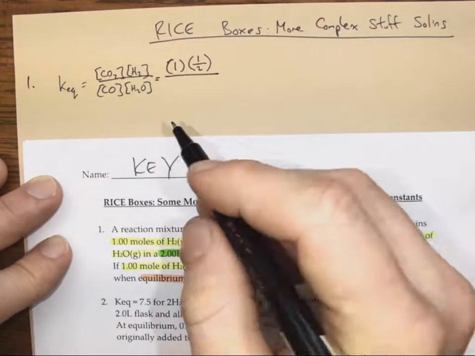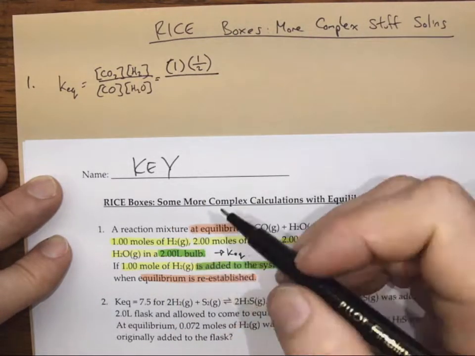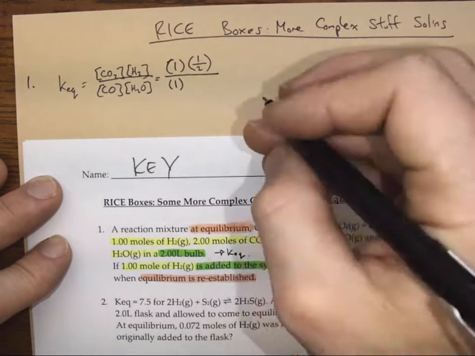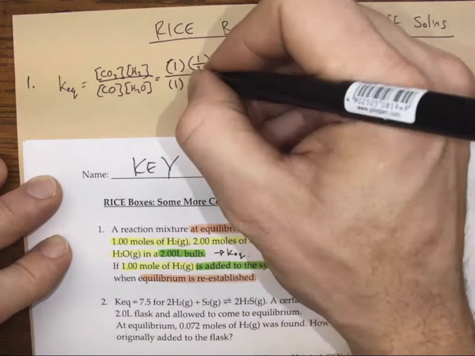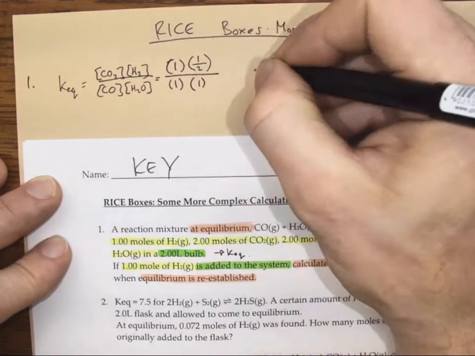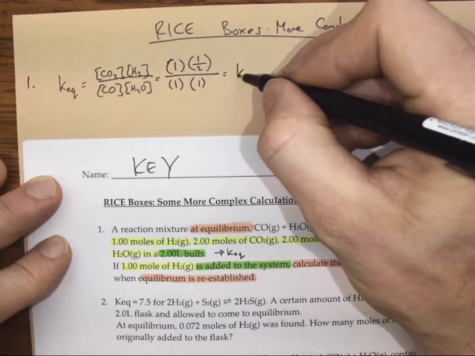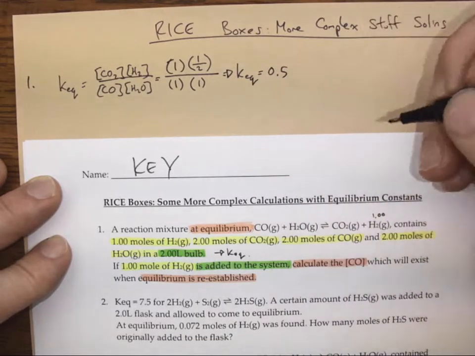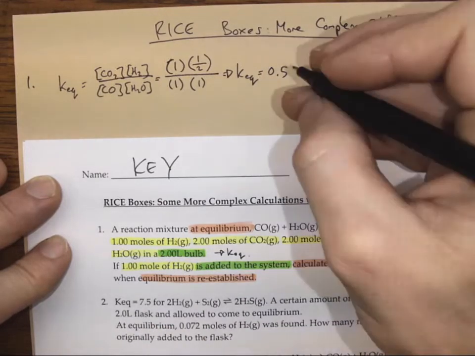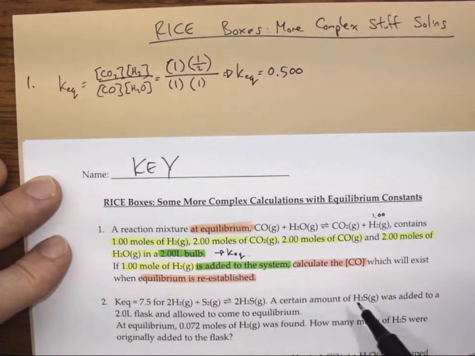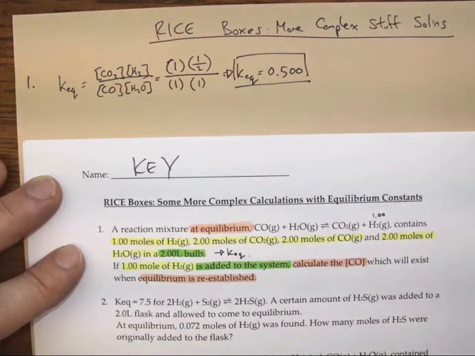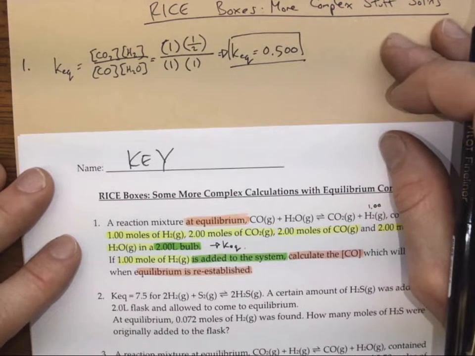Carbon monoxide is 2 moles for 2 liters, so 1. And 2 moles of water for every 2 liters, so that's another 1. That means our KEQ is equal to 0.5. I'll keep a couple more sig figs because of the many sig figs in my values. My KEQ is 0.500. Maybe that'll come in handy.